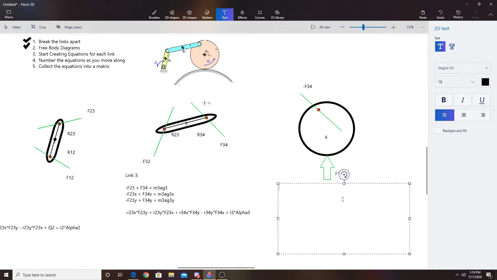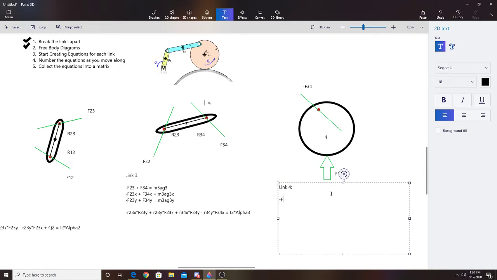Alright, so link 4. So far we have one force, which is the link, basically it's pinned to the circle, right? It's pinned to the roller. And then we also have F14, which is right there, the normal force of the circle.